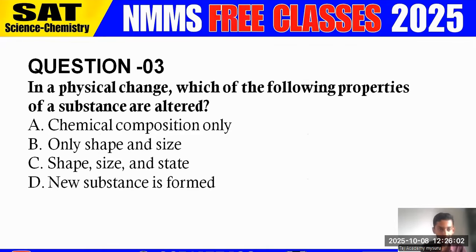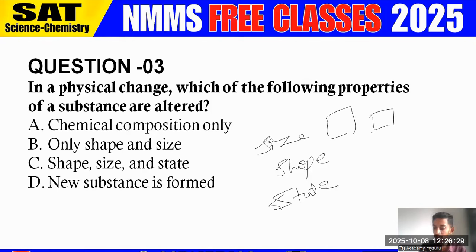Then we will move on to question number 3. Question number 3 says that in a physical change, which of the following properties of a substance are altered? I already explained in question number 1 that a physical change can have an alteration in size, shape and state. So it can change its size from smaller to bigger or bigger to smaller.